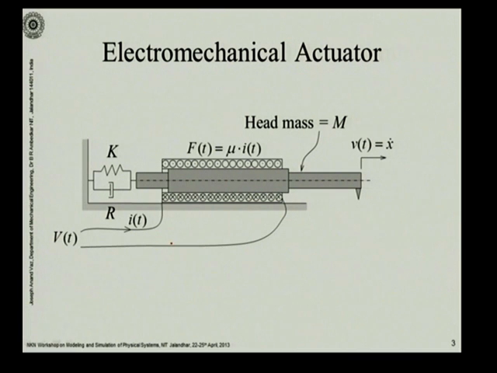So depending upon your actuation, the strength of the resulting current would result in a suitable force acting on the core or on the head mass, and that would result in motion of this actuator.